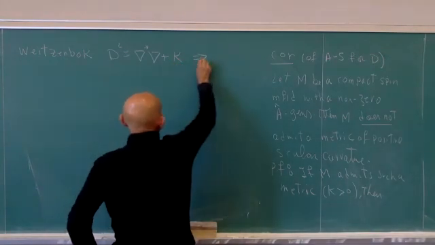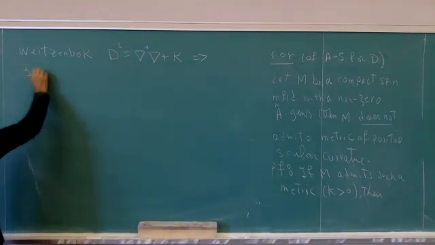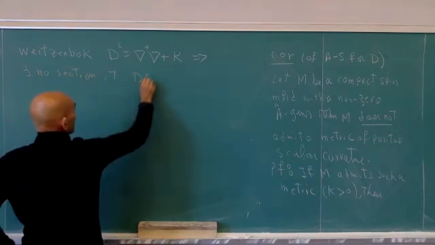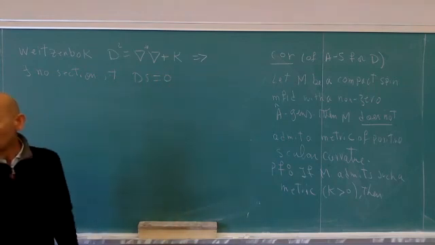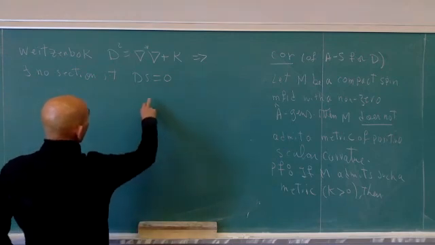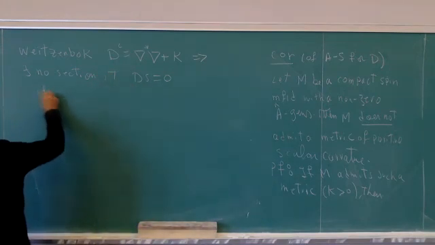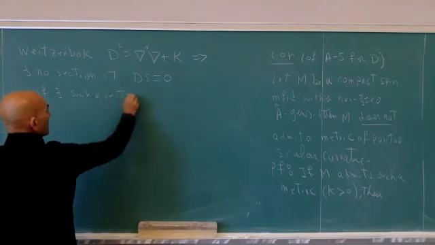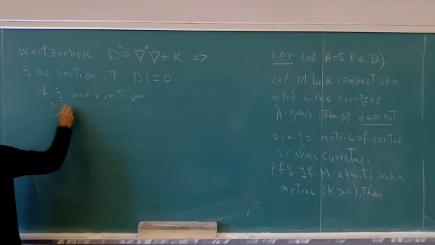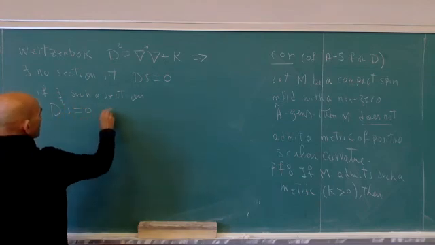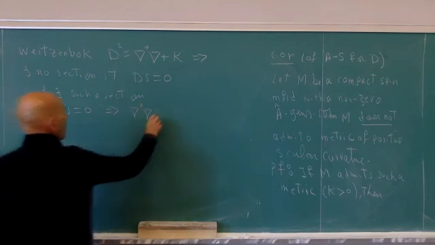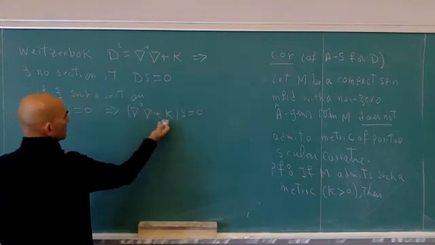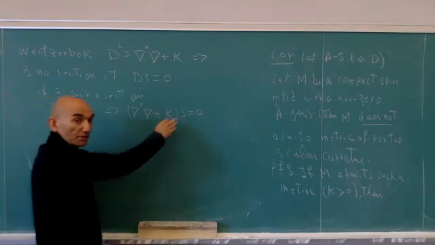This implies that there exists no nonzero section S such that DS equals 0. In fact, if there is such a section, so we have D squared S equal to 0, this would imply that nabla star nabla plus K applied to S equals 0. You can take the inner product of this with S again.